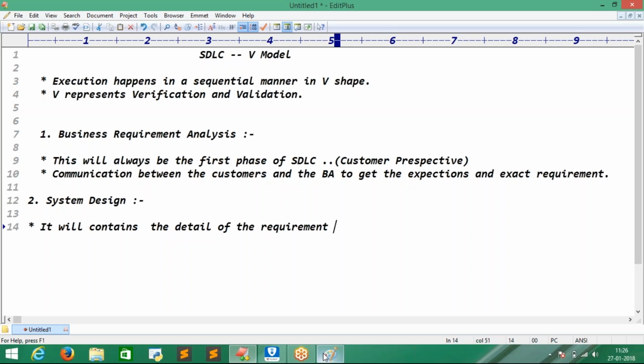Based upon the requirement, which tool or which programming language you are going to use to develop this particular application, that is known as system design.